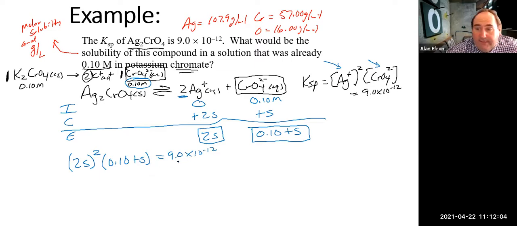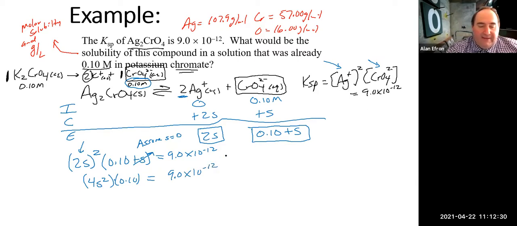Again, obviously 9 times 10 to the minus 12 is a very, very small value. We're going to assume s is equal to 0 like we just did a minute ago. Again, the s that we're adding it to. That's going to leave us with here 4s squared, taking care of this guy, times 0.1 is equal to 9 times 10 to the minus 12.